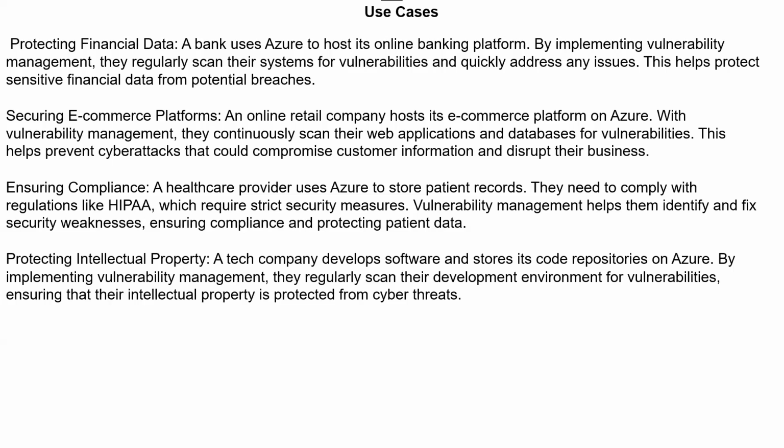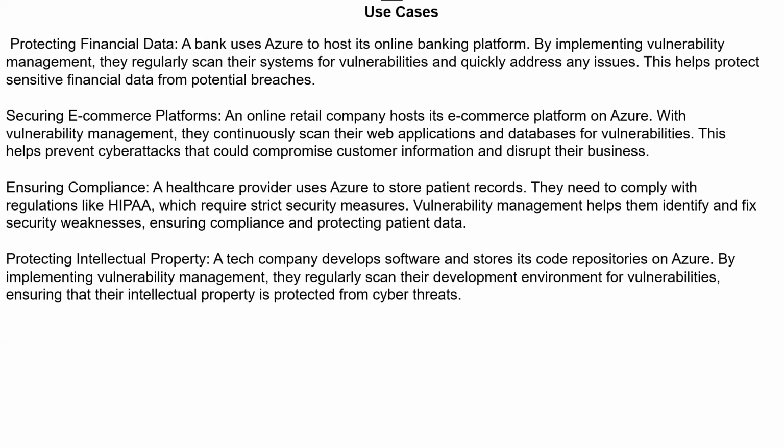Ensuring compliance. If there is an insurance company which has critical customer data, then regulations like HIPAA require strict security measures. Vulnerability management helps in identifying and fixing security weaknesses and ensures that it is compliant with HIPAA, or else PCI DSS, or NIST controls.